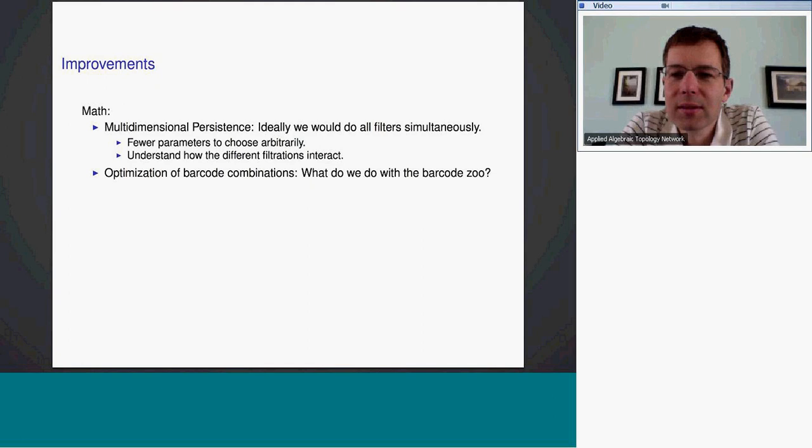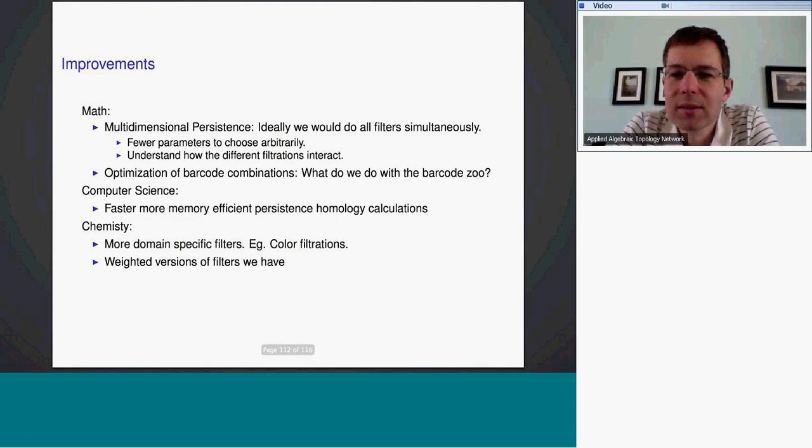I'm not really happy with that story. I'd like to have something more systematic, and I think multidimensional persistence would help solve this problem. Also, making the computations faster and more memory efficient, and then asking whether there are other functions that we could use to do a better job with the biochemistry.